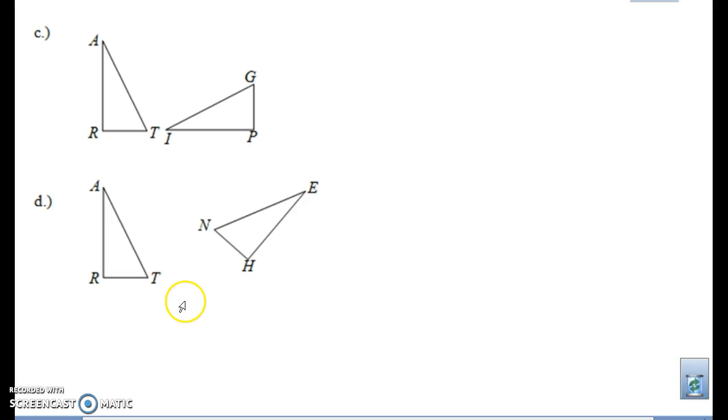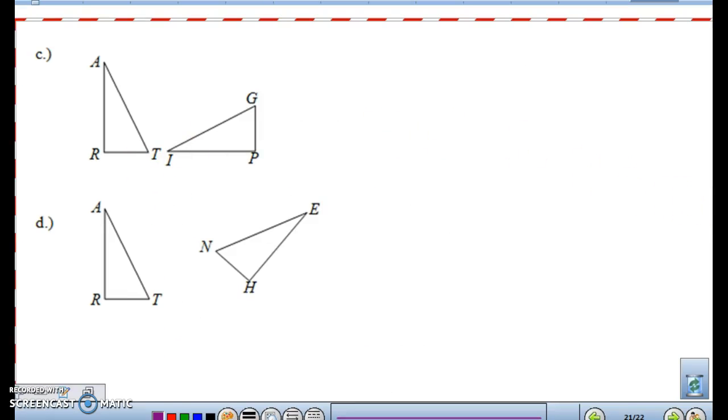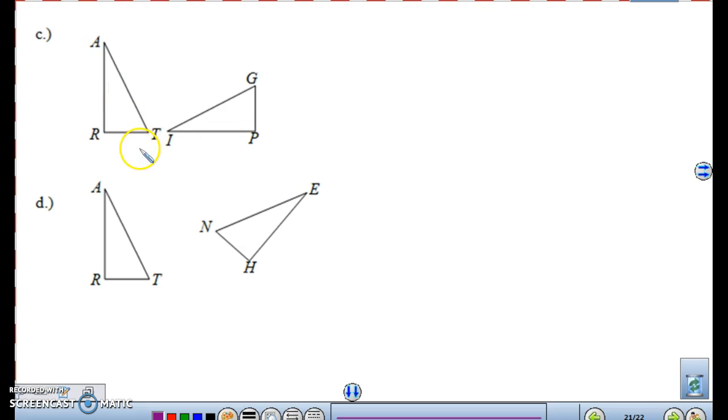All right, let's try letter C. Well, it looks like this is flopped onto the side, so we probably want to do a rotation. Now, if we want this triangle to look like this triangle, we probably have to rotate this way, and probably 90 degrees, which would put A prime out here, like so.